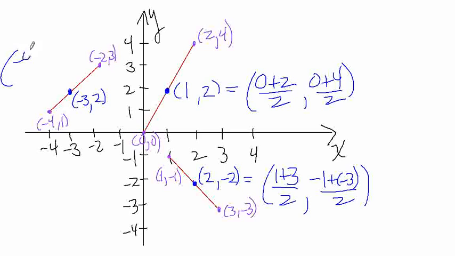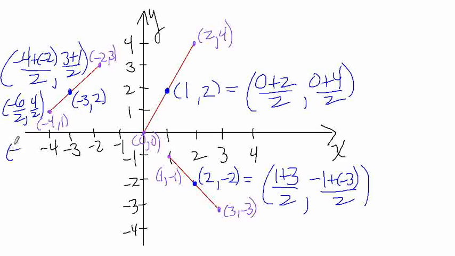So if I average -4 and -2, and if I average 3 and 1, what do I get? I get -6/2 and 4/2, or -3, 2. All right, so this average method is another way to explain how to find the midpoint.